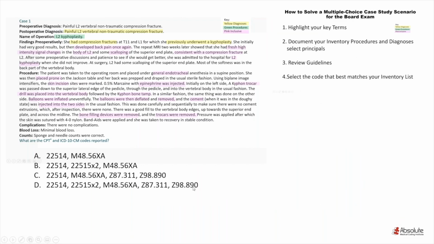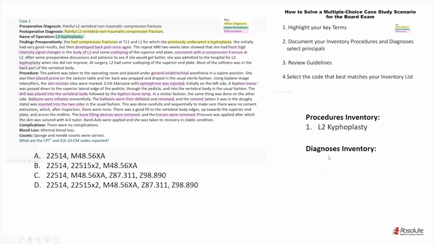So let's go back and review our task. We already highlighted our key terms. Number 2, we're going to inventory our procedures, signs and symptoms, diagnoses, and specify which ones are primary. So we have L2 kyphoplasty, the second lumbar. That's the only procedure in our inventory.